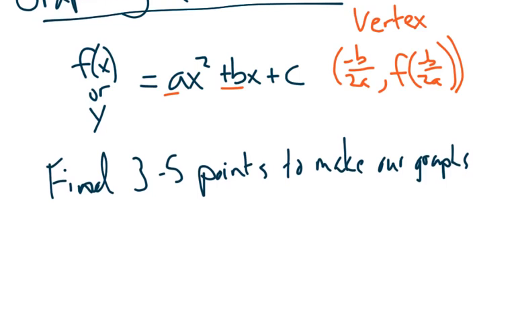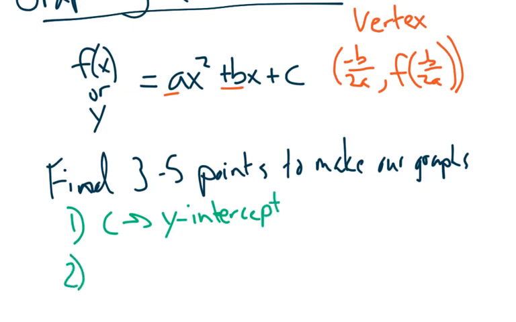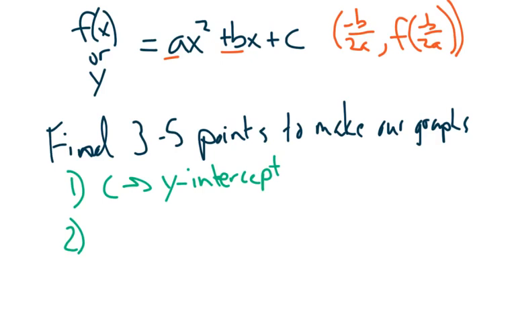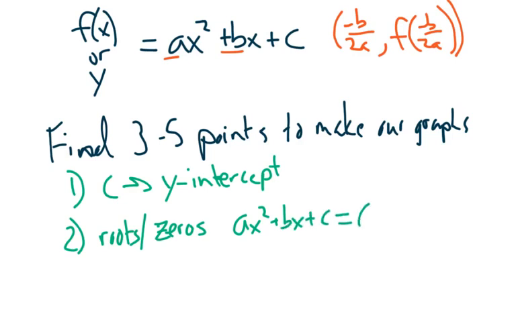One tip is that c is our y-intercept. The second one is what we call our roots, or zeros. That's where we take ax squared plus bx plus c equal to 0 and solve: x equals this, or x equals that. That tells us where our quadratic function will cross the x-axis.